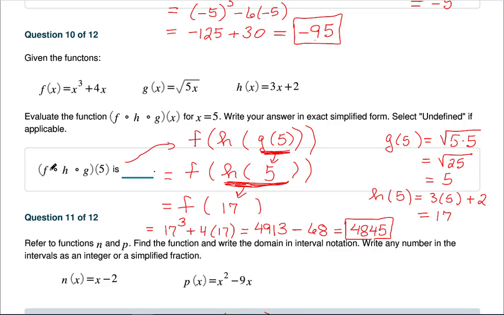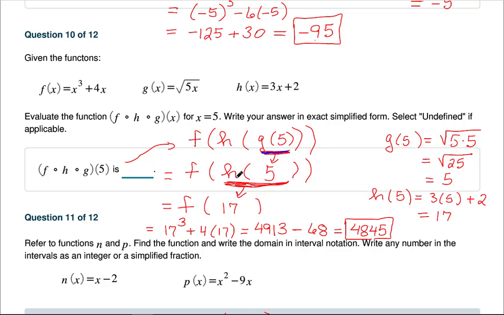All right, in question 10, we chain 3 functions together. We have f of h of g of 5. So you got to start with the inside. 5 goes into g. Okay, well, we find g. G of 5 is square root of 25, which is 5. Okay, so that's the stuff that came out of g.